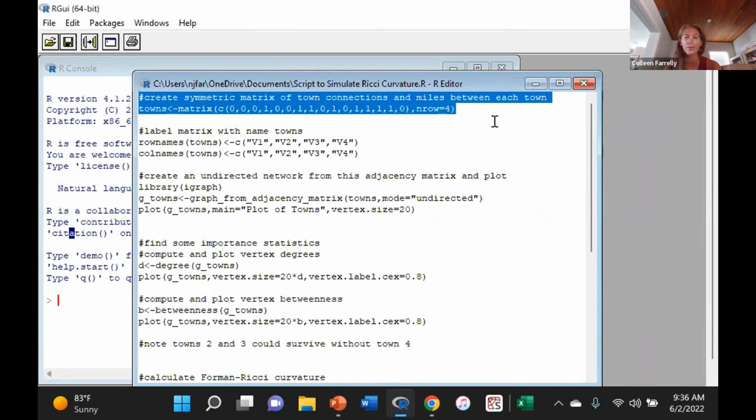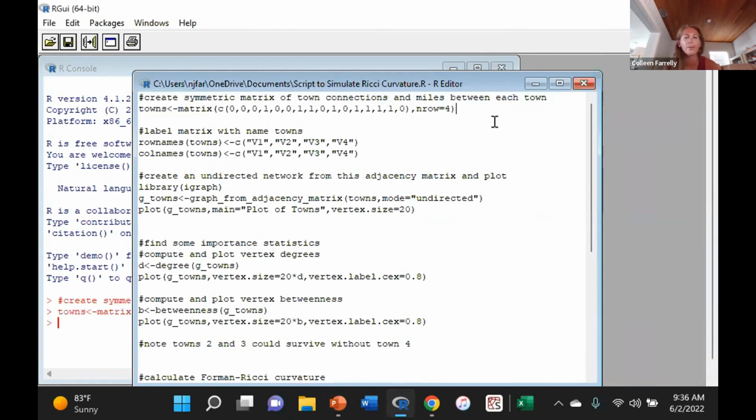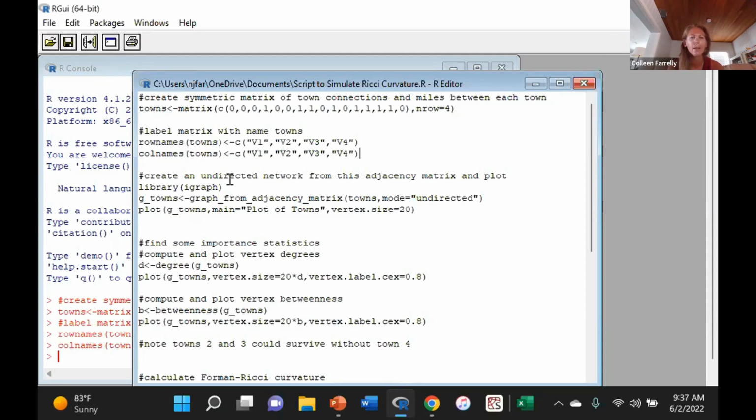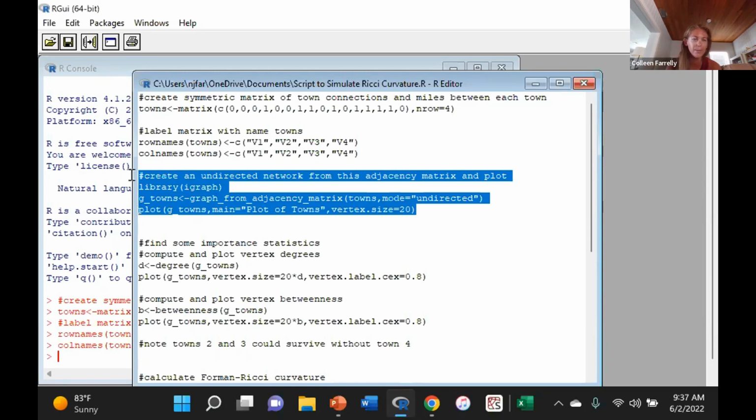So we're just going to have, are they connected by a road or are they not connected by a road? So we run that. These aren't very descriptive town names, but they do help us distinguish town from town. So we'll label our matrix. And then we'll turn our matrix of towns that summarize their connections into a graph and look at that graph.